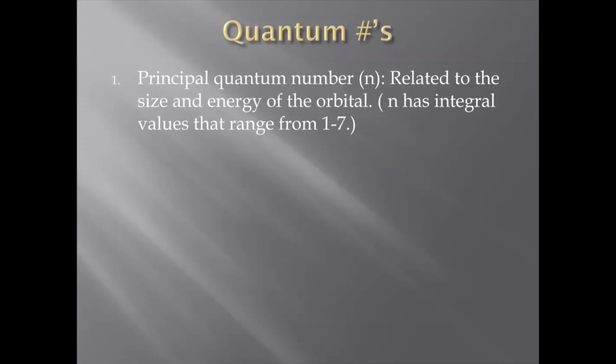We won't be using anything higher than 4, and I'll explain that in just a short bit, but it can go on up as high as you really want to go. But the reality is that we live here on Earth, and Earth has only a certain number of elements.